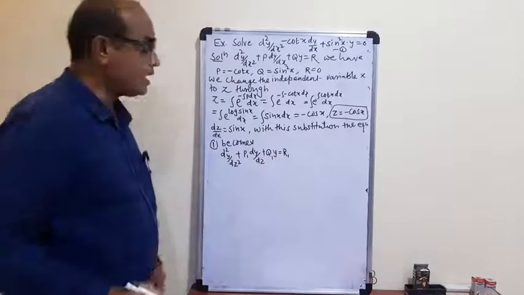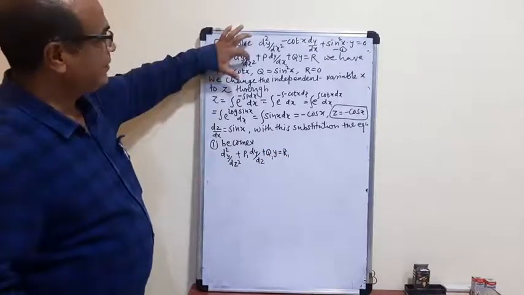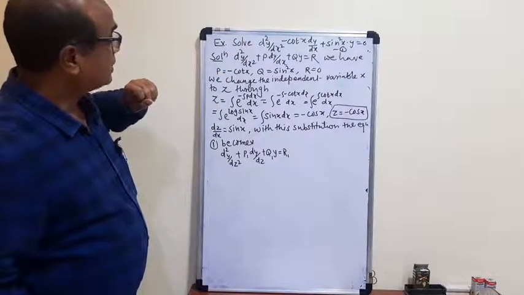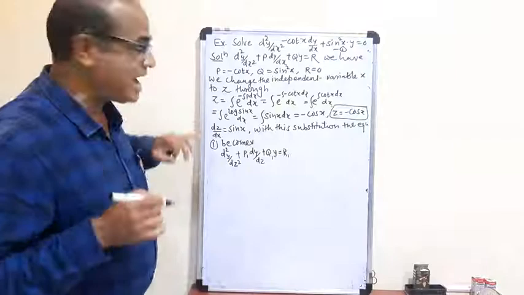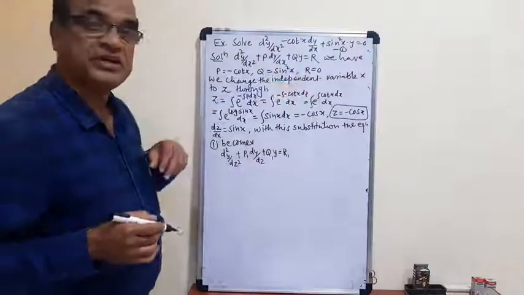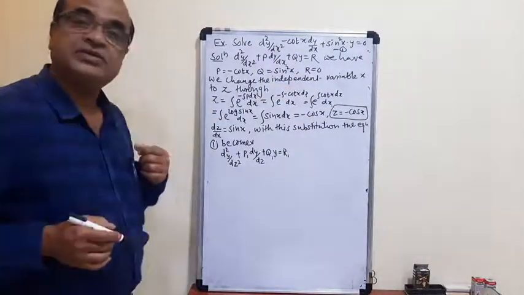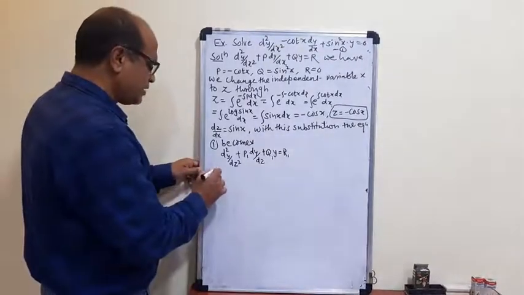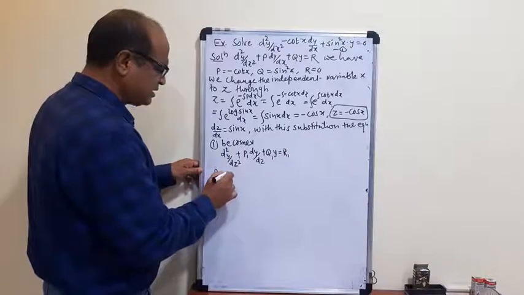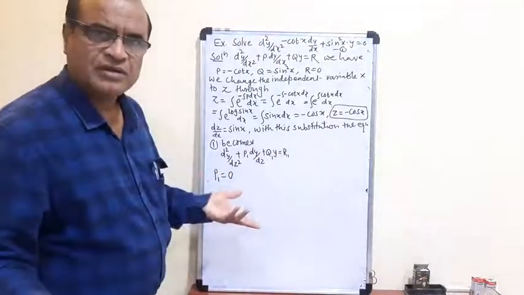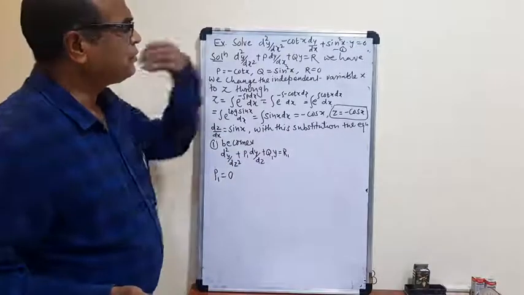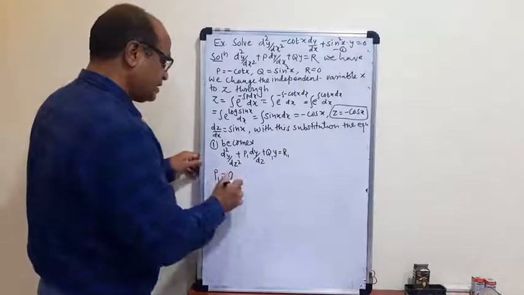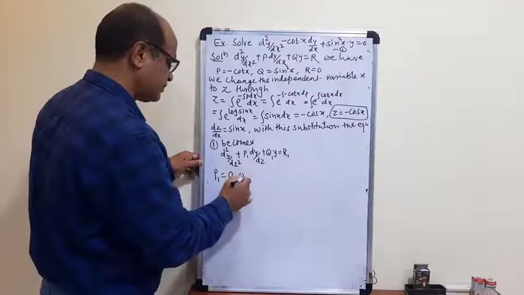We change the independent variable x to z, and in terms of variable z, through this substitution we get this equation. So you remember what is p1? p1 is 0. Taking p1 equal to 0, we obtain this in the theory.